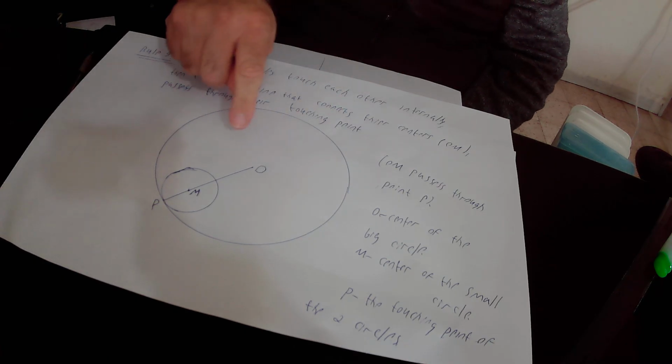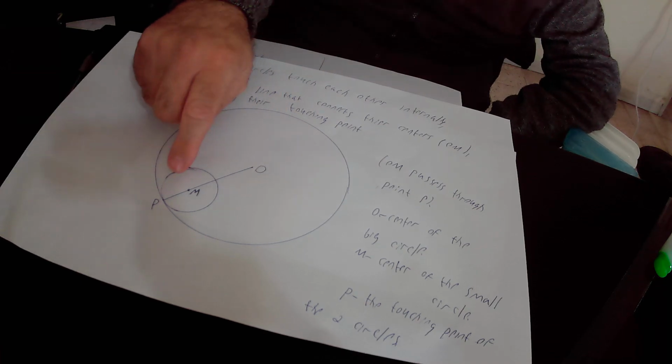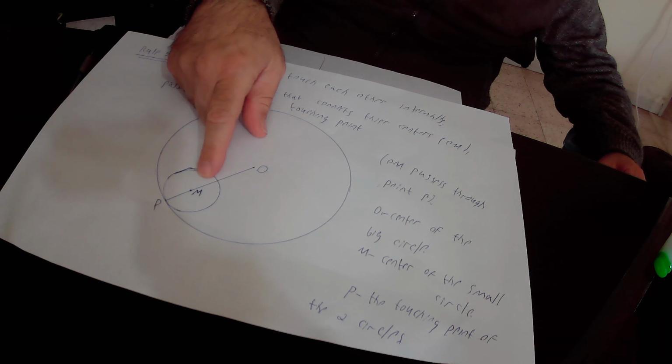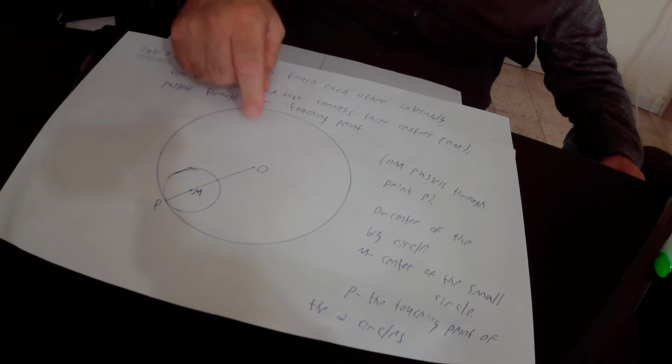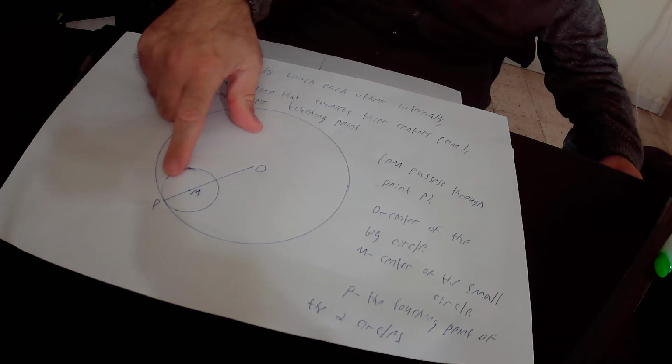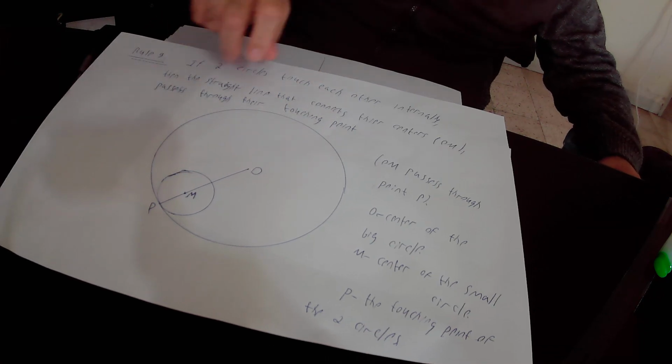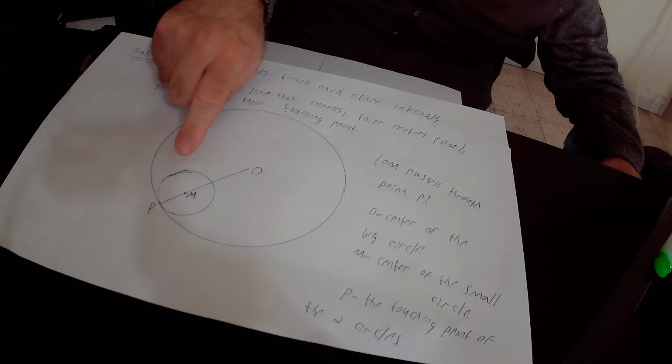The center of the big circle is here at point O, the center of this small circle is point M. The straight line that connects their centers together is the straight line OM, and according to rule number 9, the straight line OM must pass through point P. That is to say, OMP is one straight line.